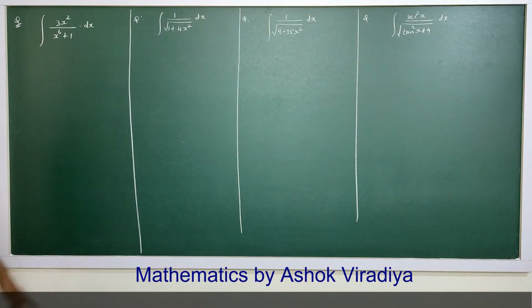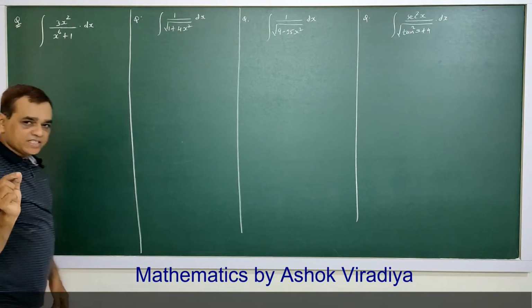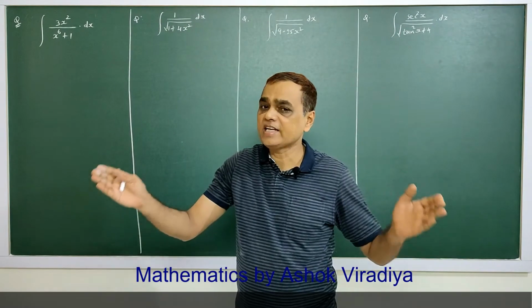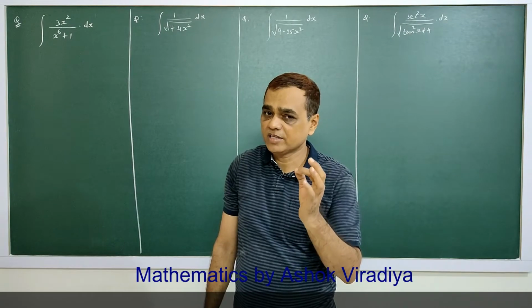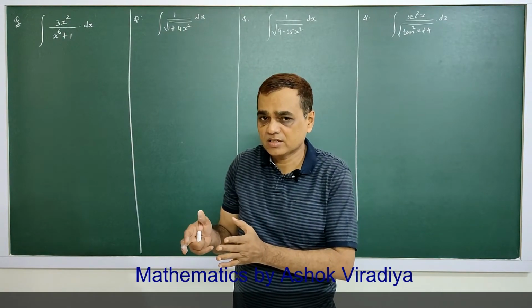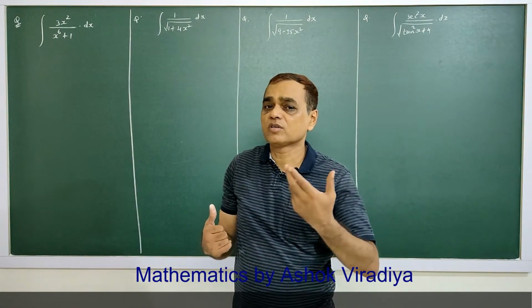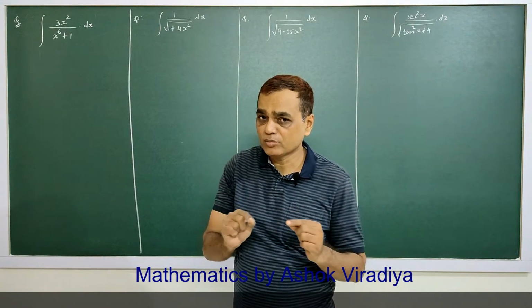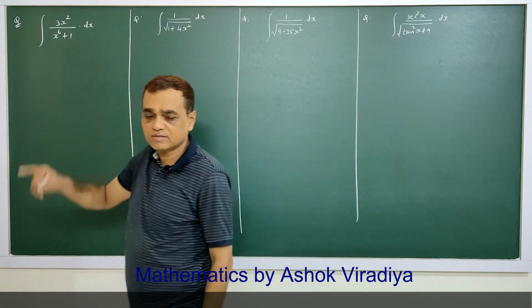Integral of 3x square upon x raised to 6 plus 1. Look here, the denominator is x raised to 6 plus 1, and in any formula we don't have access to 6. In the list of formulas, 1 upon x square plus a square, 1 upon x square minus a square, we have x square in the denominator, and here it is x raised to 6.